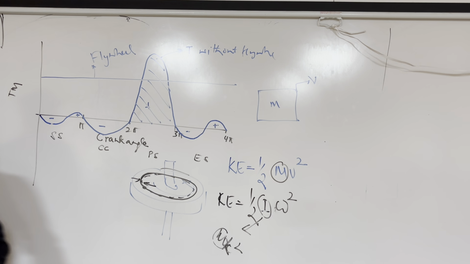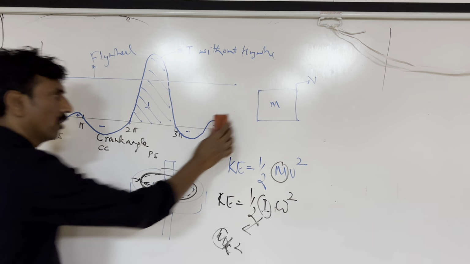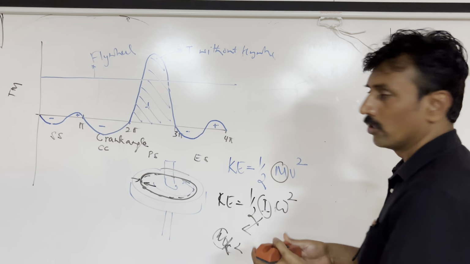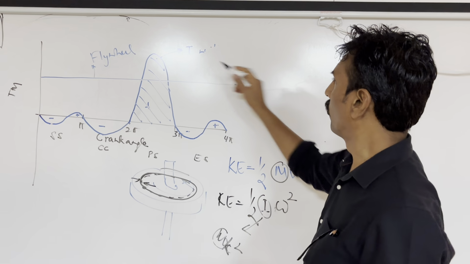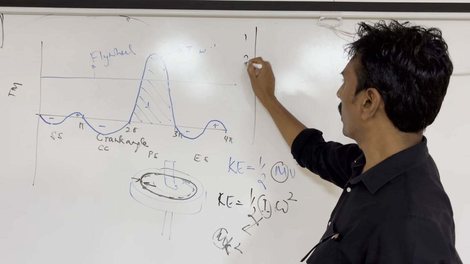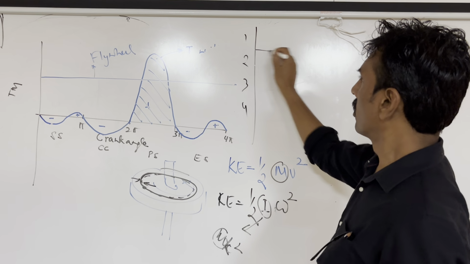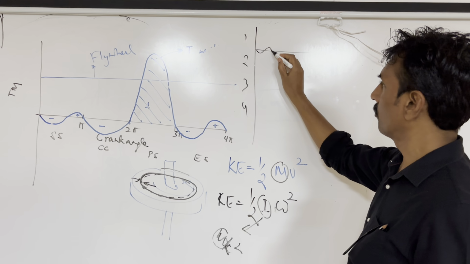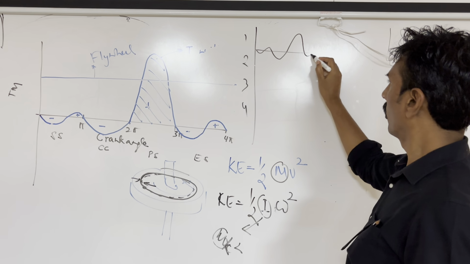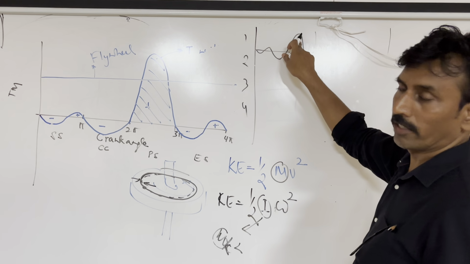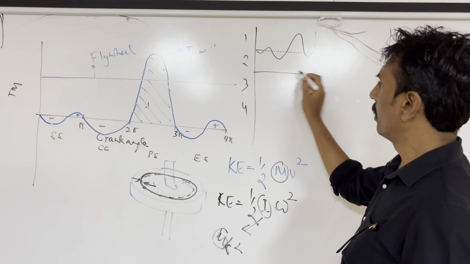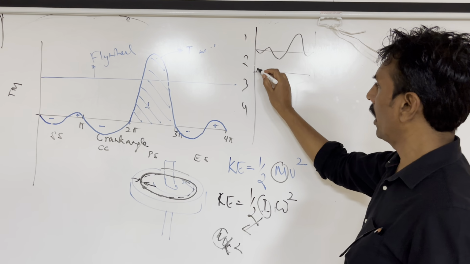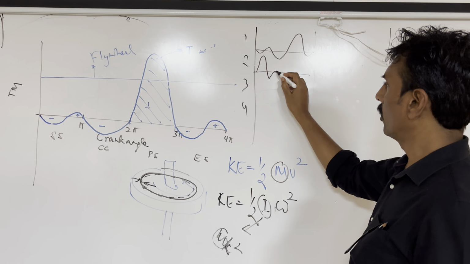Suppose you imagine a 4-cylinder engine: 1st cylinder, 2nd cylinder, 3rd cylinder, 4th cylinder. Suppose for the 1st cylinder the graph looks like this. That's for the 1st cylinder; it works like this. Now the 2nd cylinder may work like this, with the power stroke coming after some variation.